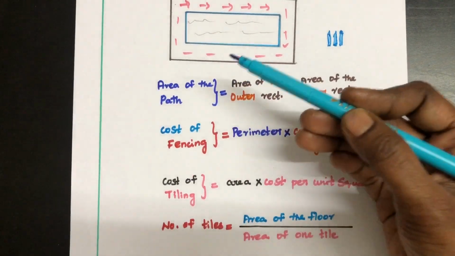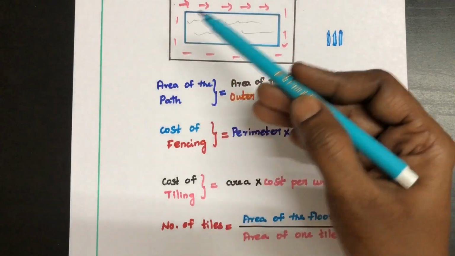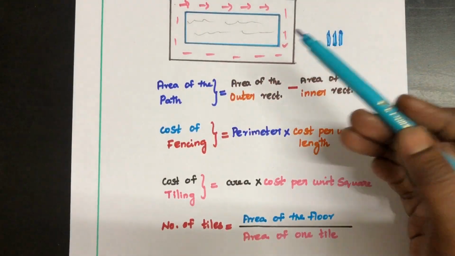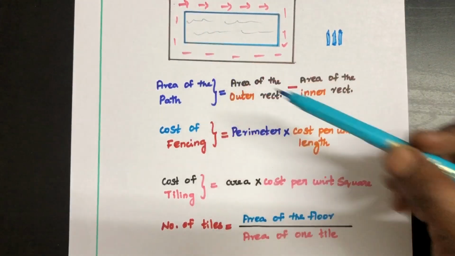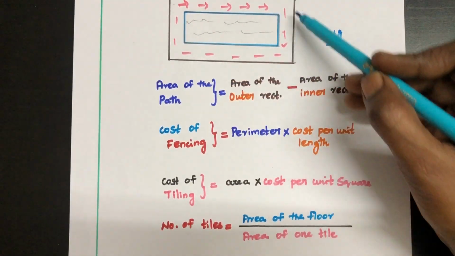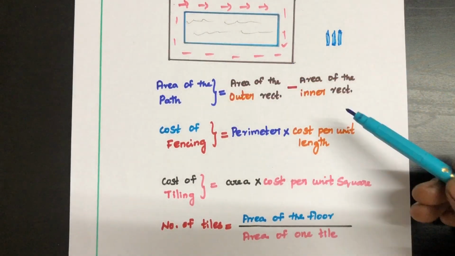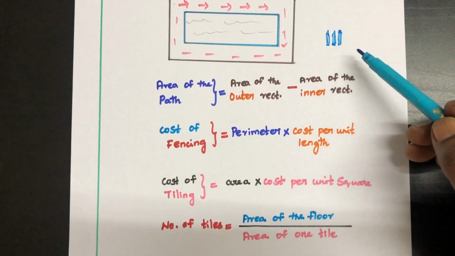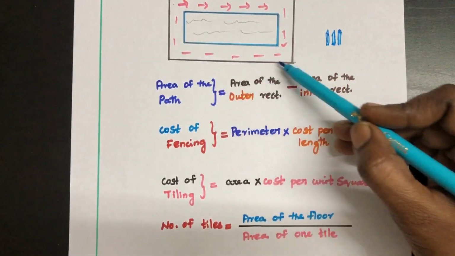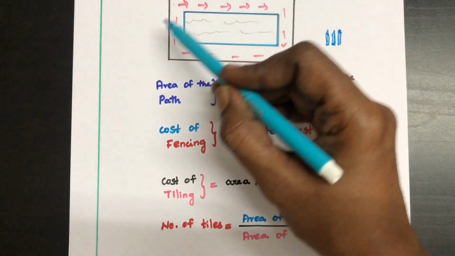Next, cost of tiling. See, cost of fencing deals with the perimeter. Cost of tiling, if you are going to put tiles, deals with the area, right? The inside area. In our house, we surround the whole area with a compound. That is called fencing, whether it is a fence or compound, and it deals with the perimeter.